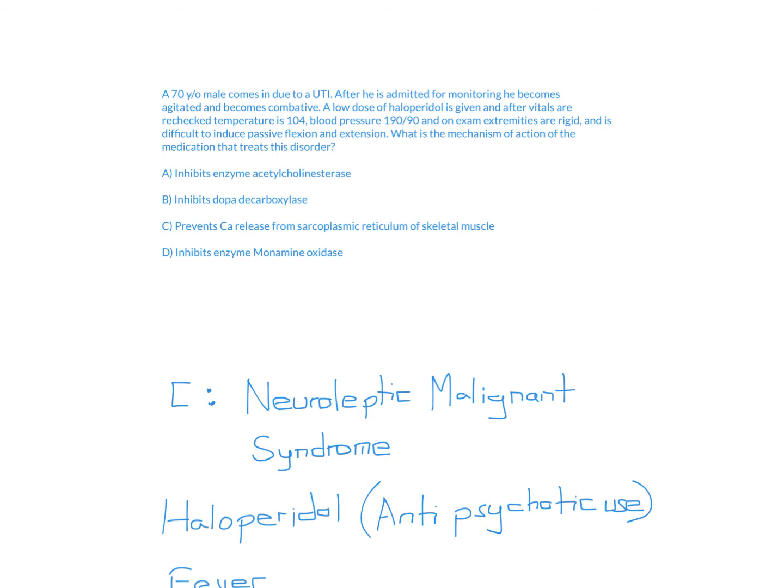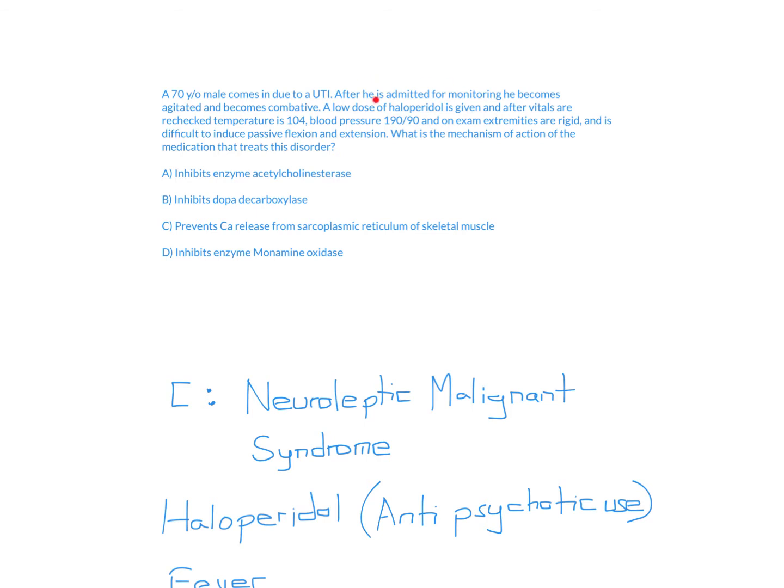This is a transient disorder, but needs to be treated. You can typically use conservative measures such as turning off the lights at night and trying not to disturb them so they get a good night of sleep, and also constantly reorienting them, telling them that they are in the hospital. These are typically used for delirium.